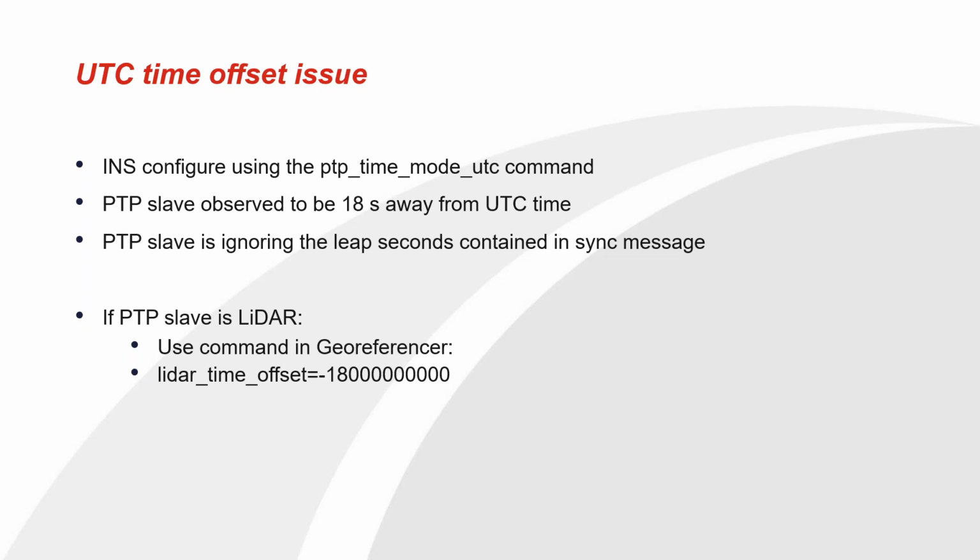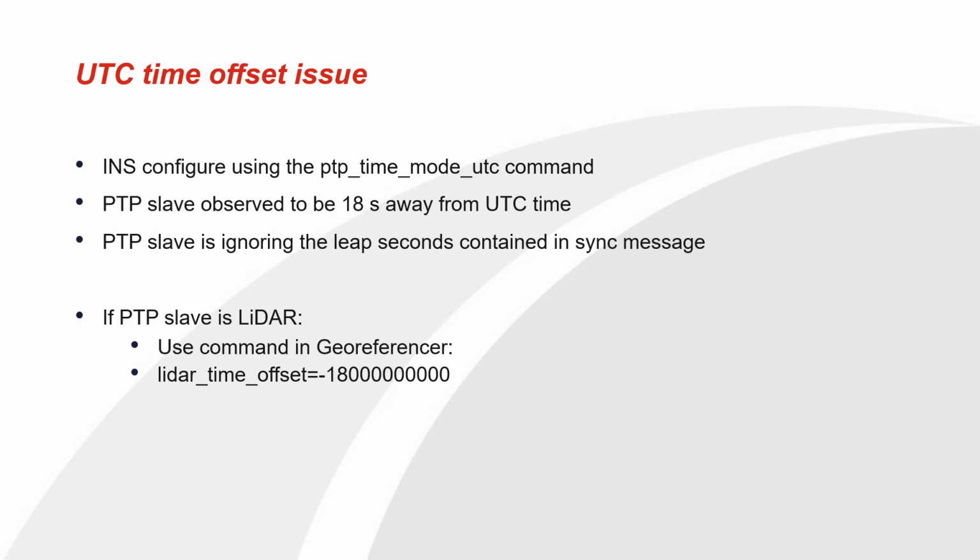And if the PTP slave is ignoring the leap second message, then you'll have an offset of 18 seconds, because there are currently 18 leap seconds. If you're seeing this issue, then for LiDAR customers, you can introduce an 18-second offset in georeferencer.